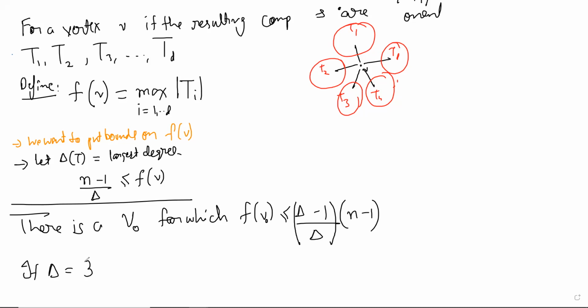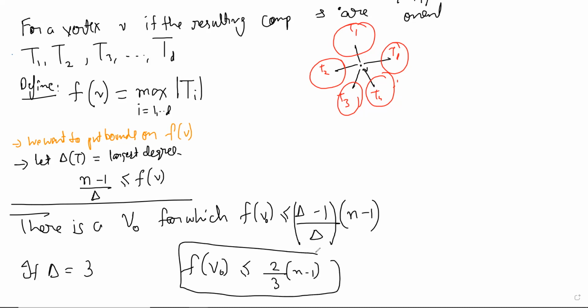Or if you're in a binary tree, then the delta cannot be more than 3, obviously, right? One parent and 2 children at most. So in that case, we can say that there is some vertex which you can remove, such that the size of the largest piece cannot be more than 2/3. This is good, right? There is some vertex whose removal will guarantee you.